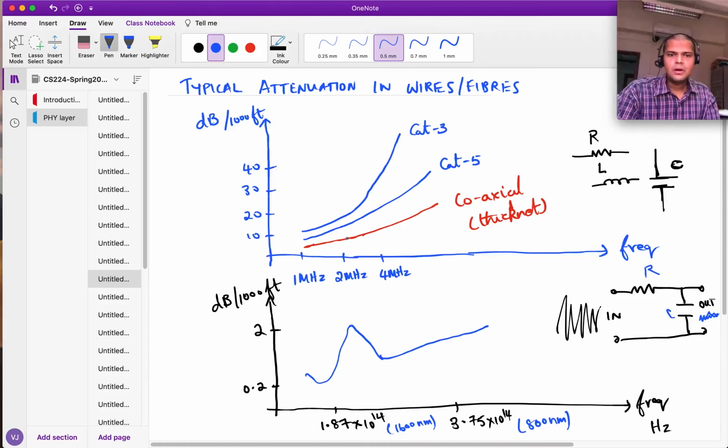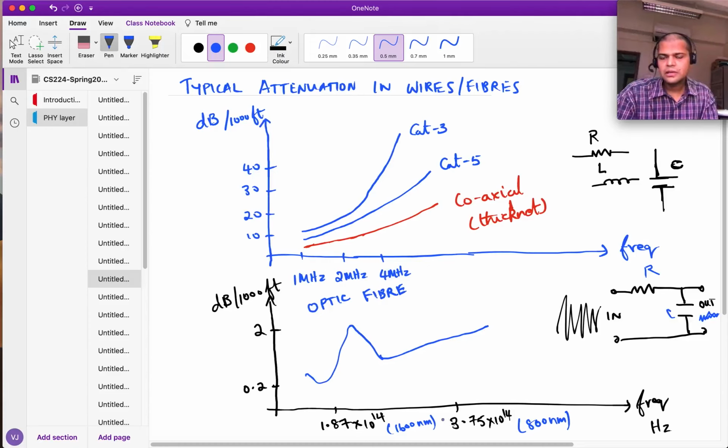So what about optic fiber? This is what a typical attenuation chart of an optic fiber would look like. And here we are looking at a very different range of frequencies. Here I plotted 1 megahertz, 2, 4 megahertz and so on.